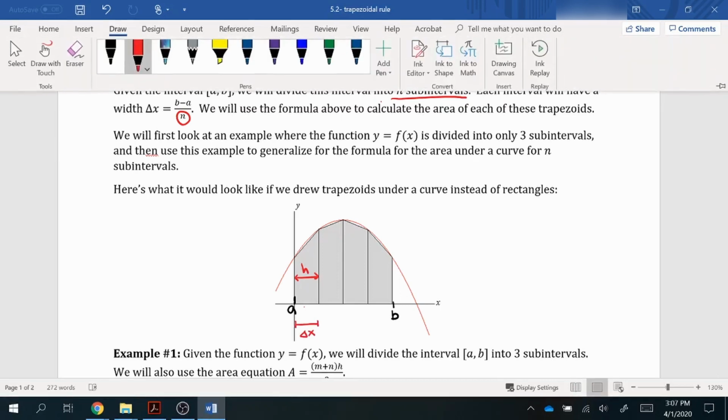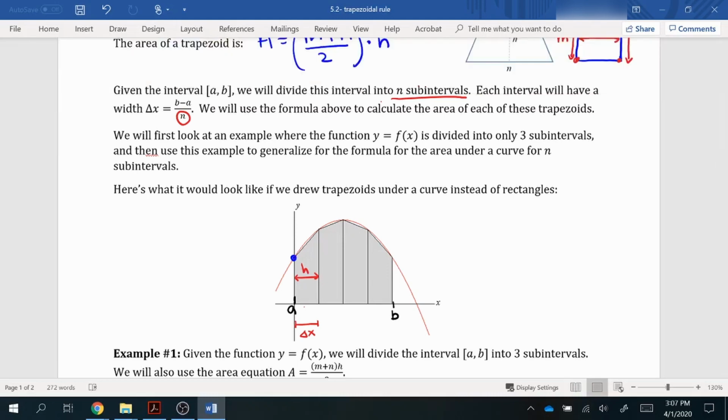And our heights are going to be different f of x values at the corners of these trapezoids. So this would, for example, be m, and this one here might be n.